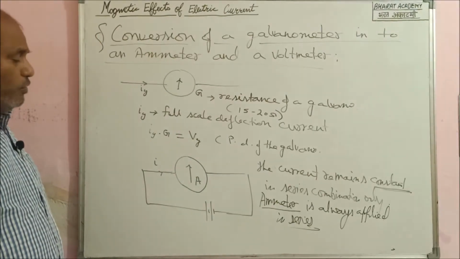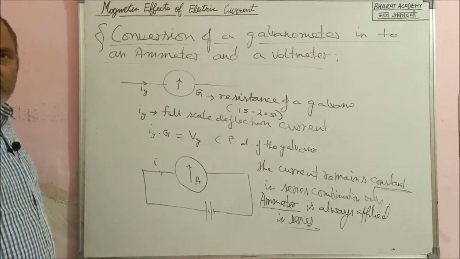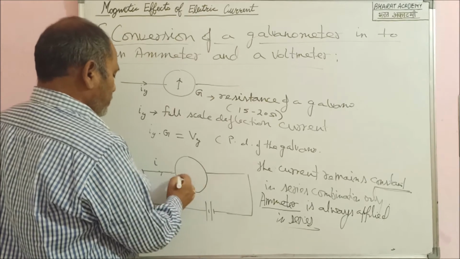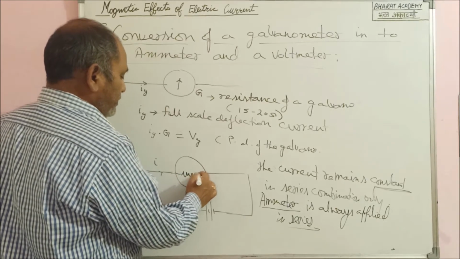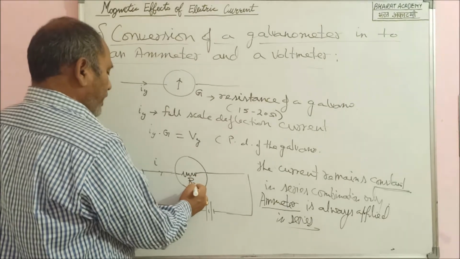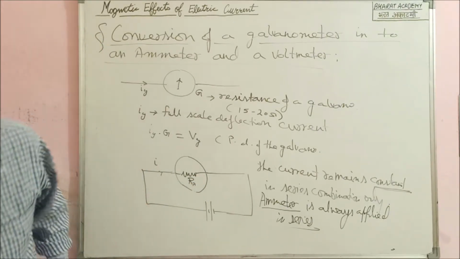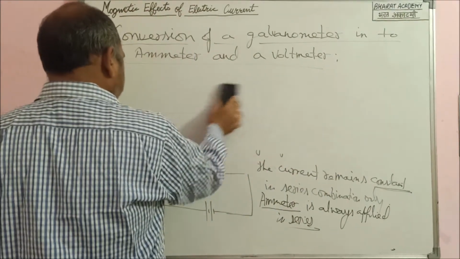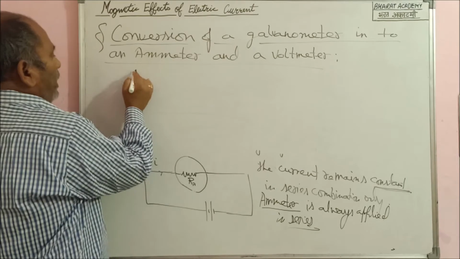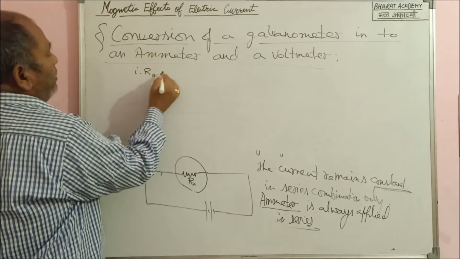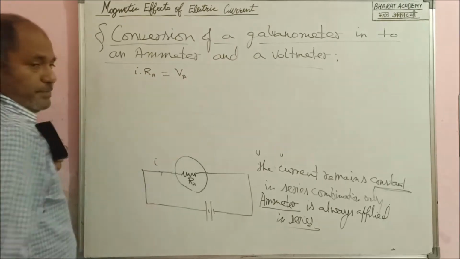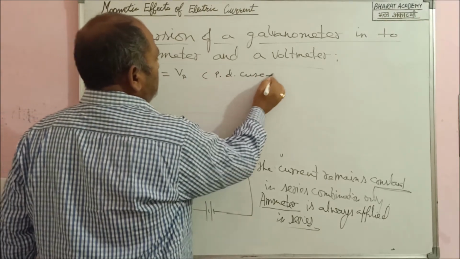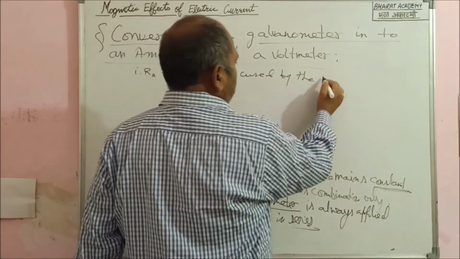Now a question is, what should be the resistance of an ammeter? Actually it is made up of a coil system, so it will have a small resistance of its own, let it be denoted by RA. If RA is the resistance of this ammeter, what will happen? I into RA will give you a small amount of potential difference, the PD used by the ammeter itself.